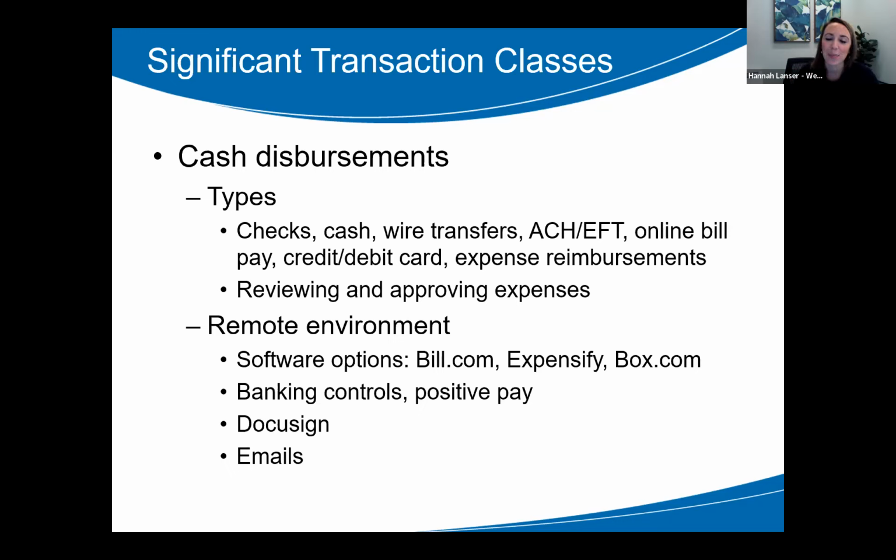So also considering banking controls. What does your bank offer to prevent fraud from occurring? Some of them offer dual authorization or positive pay to make sure that things aren't paid twice. And then, you can use emails, you can use DocuSign to provide evidence of review and approval.